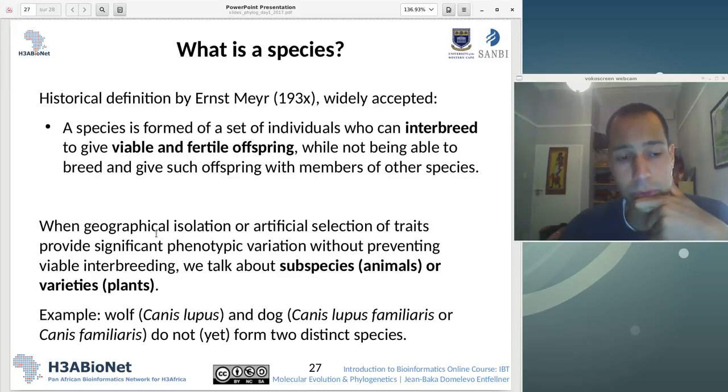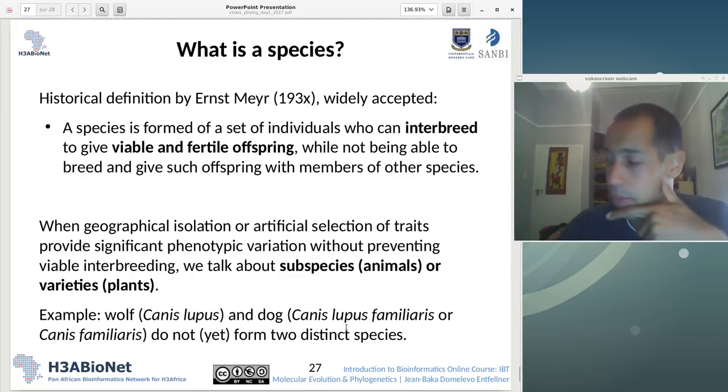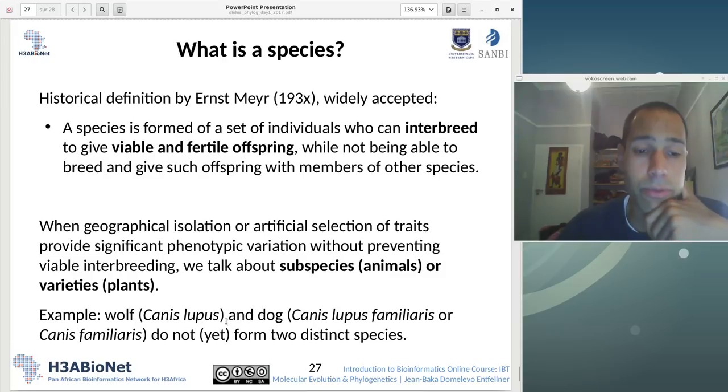So for plants, we usually say variety and subspecies for animals. For instance, my dog here on my right is Canis lupus familiaris, but he's a member of the species Canis lupus, and Canis lupus is one species, including the wild wolf, because they can interbreed.